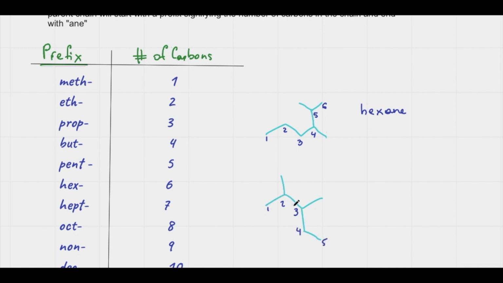And because my longest continuous carbon chain has 5 carbons, that means it has a prefix of pent. So my parent chain will be called pentane. So the first thing that we always have to do when naming our molecules is to find the longest continuous carbon chain and to also remember the prefixes that go with the number of carbons.